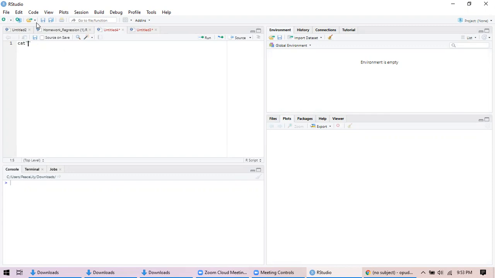No, actually, it's the backslash. Do you know where the backslash is? Yeah. So do backslash F. And then you need to put these in a parentheses.